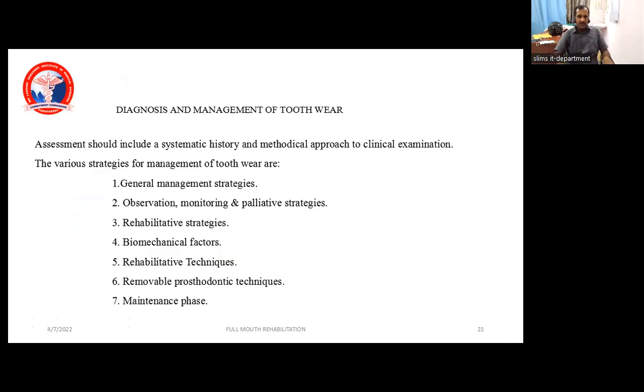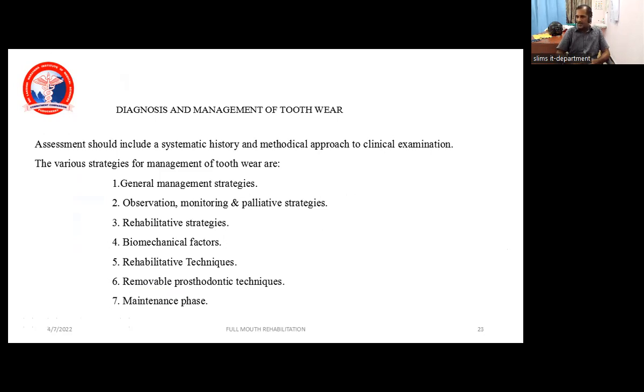Now, how to arrive at a diagnosis, and the various strategies for the management of tooth wear. First, like all other ailments, observation, monitoring, and palliative strategies are very, very important in containing this occlusal wear.